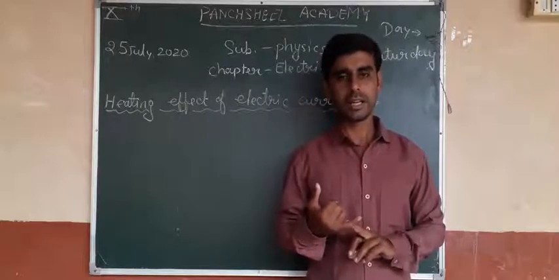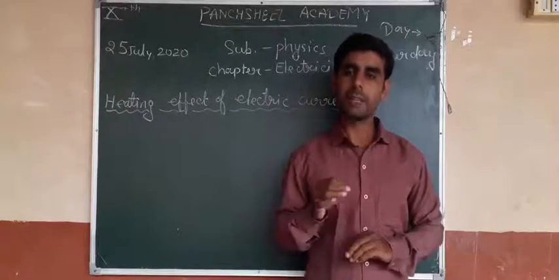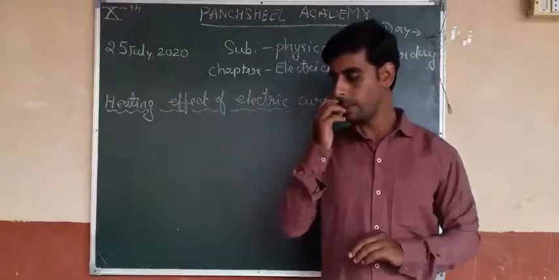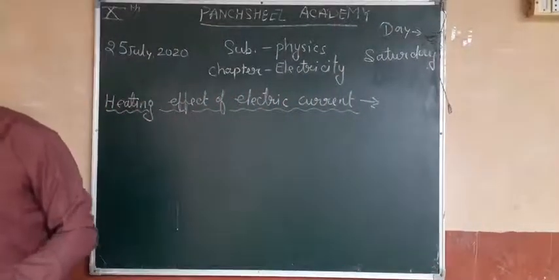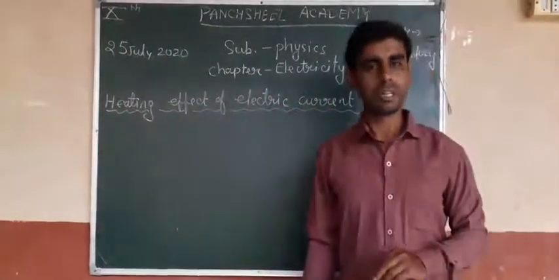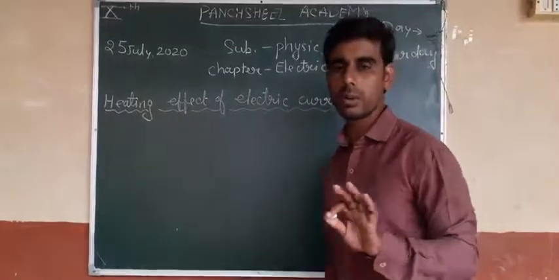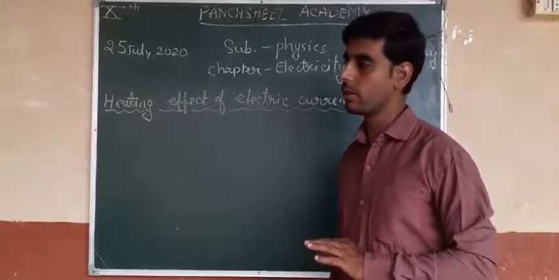One more combination remains, that is the mixed combination. But actually, the mixed combination is only a combination of series and parallel combination, so there is no formula or derivation for this particular section.